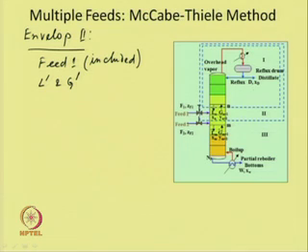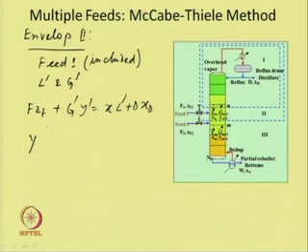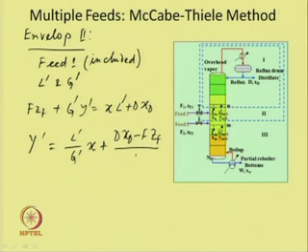Now, if we do the overall material balance, it would be F ZF plus G dash Y dash would be equal to L dash X plus D X D. So, we can write Y dash would be equal to L dash by G dash into X plus D X D minus F ZF divided by G dash.